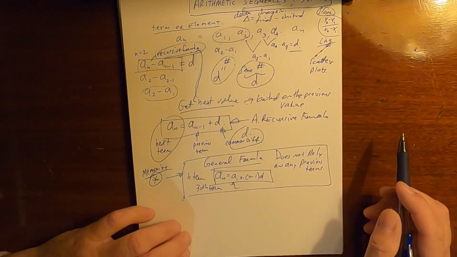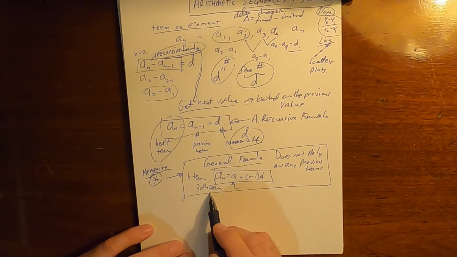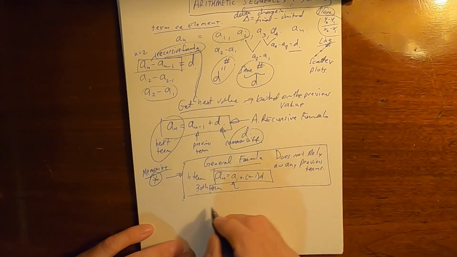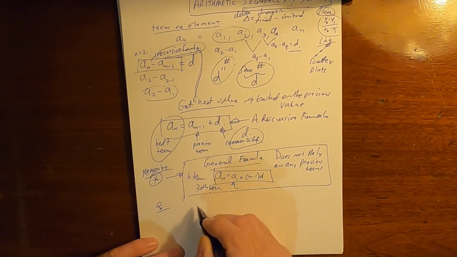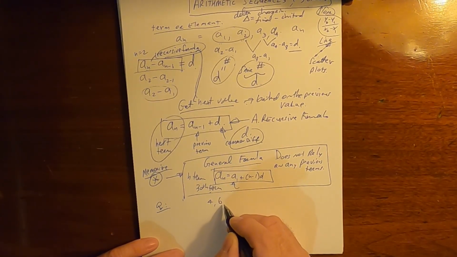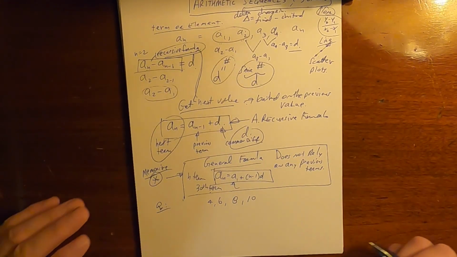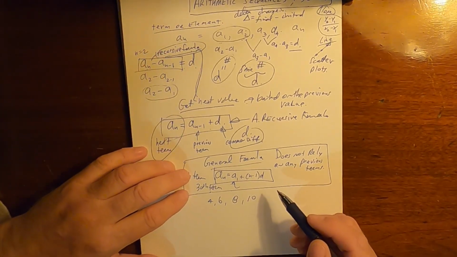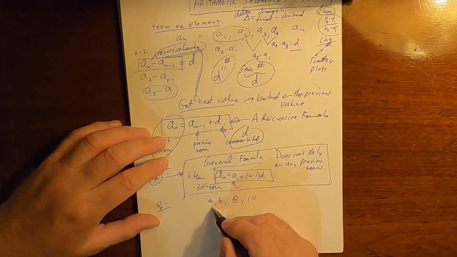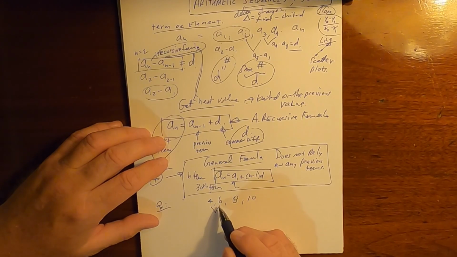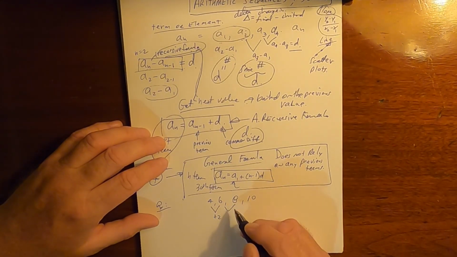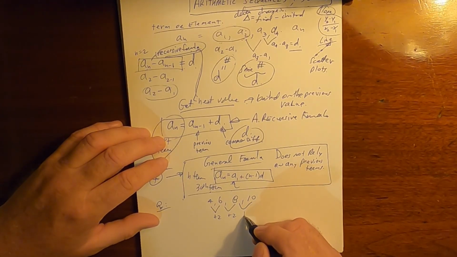Now, if I wanted the 30th term, and I know the first term, here's an example. If I have 4, 6, 8, and 10, let's see if we have an arithmetic sequence at all. What's the difference between these? I have plus 2, plus 2, and plus 2.